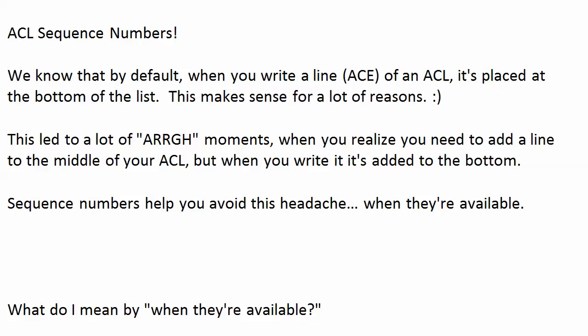You write the ACL, it works just like you wanted it to, and then that same person comes back to you 6 days later, 6 weeks later, 6 months later, and says, we got some new hires over here, in another part of the building, and they need to be denied access to those e-commerce servers too. Well, that could be a problem if you just start writing deny statements on the bottom of an ACL. Again, if you've got a permit any in there somewhere, those denies at the end of the ACL aren't going to do us any good.